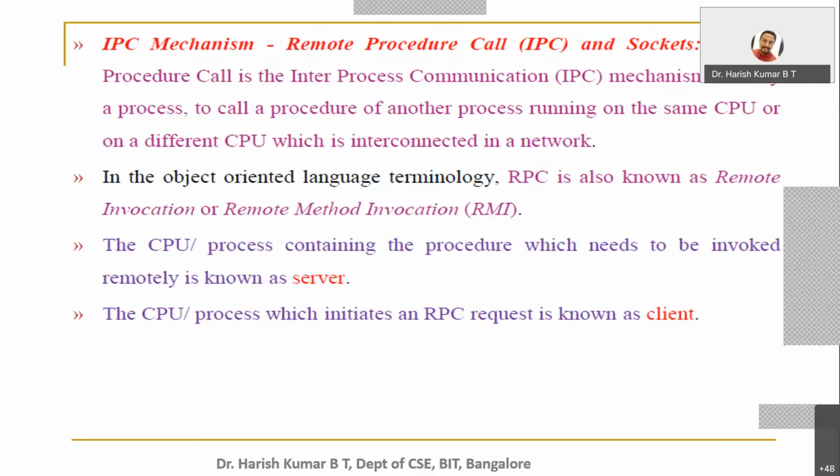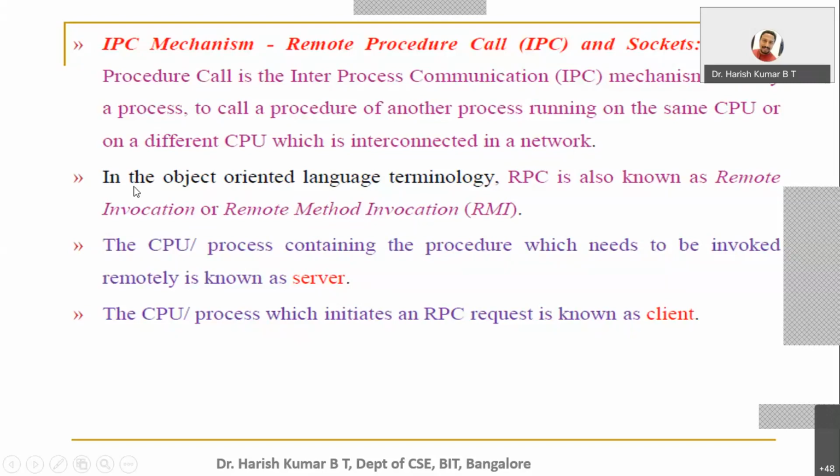A wired network can be a LAN, a WAN, or a MAN. A wireless network can be your Wi-Fi or a WLAN, wireless local area network. It can even be a simple Bluetooth connection or an infrared connection. So that is what the remote procedure call is for.